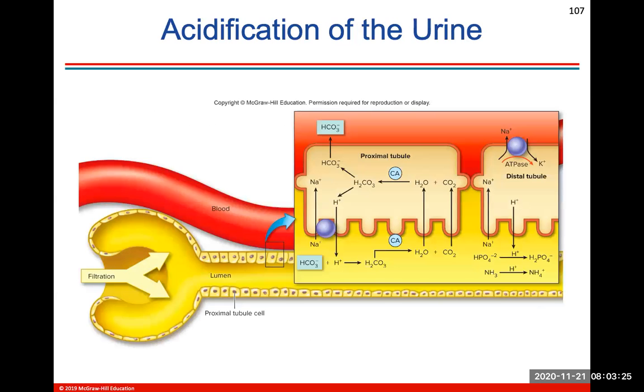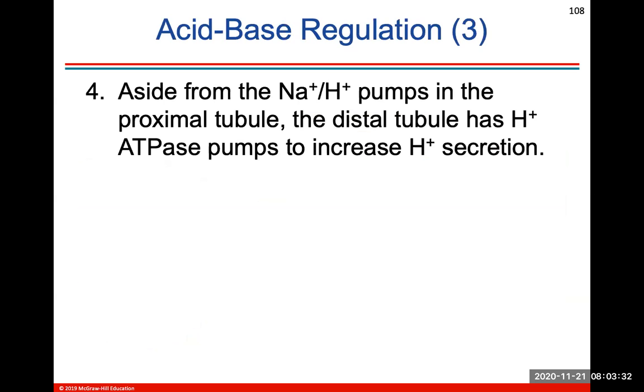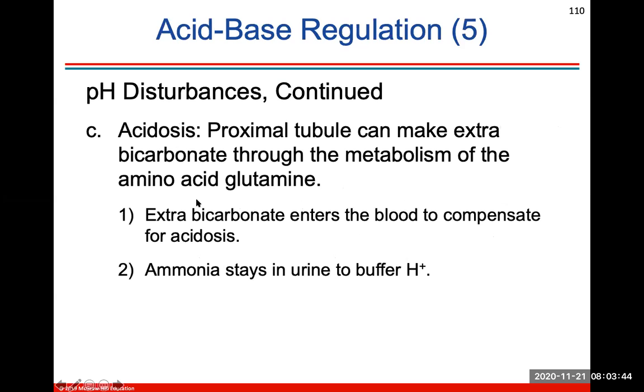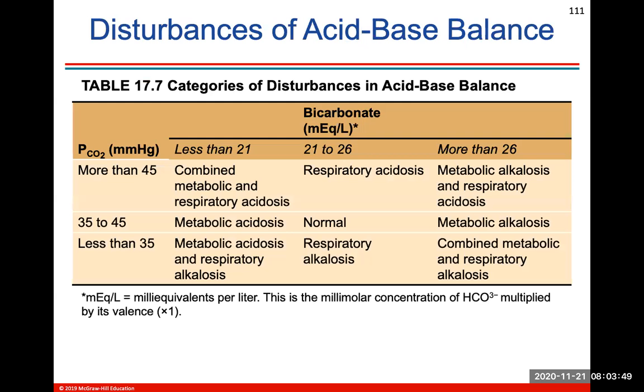All I want you to understand is that your kidneys play a role in the acidification of urine and acid-base pH levels of the blood. There are pH disturbances, so kidneys can help compensate for respiratory problems. Alkalosis is where you have a more basic blood pH, and acidosis is a more acidic blood pH.